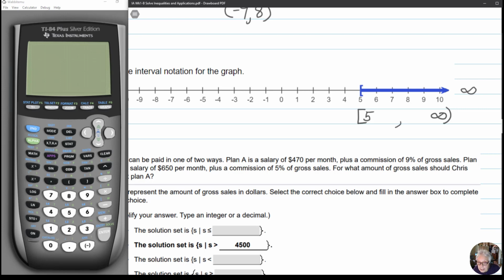Now let's write it in a slightly more reasonable way. 5, comma, infinity, parenthesis, bracket 5. I don't know if I said the word bracket the second time.